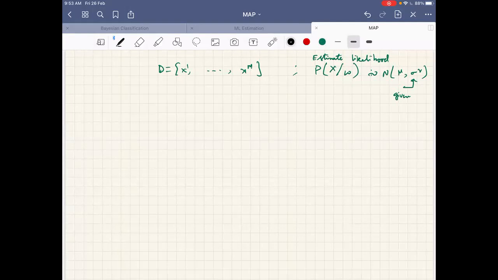In that case, first the ML estimate of P of X given omega, I am writing for a particular class, so I am not explicitly writing omega 1 and omega 2, will be normal with mu ML comma sigma square.